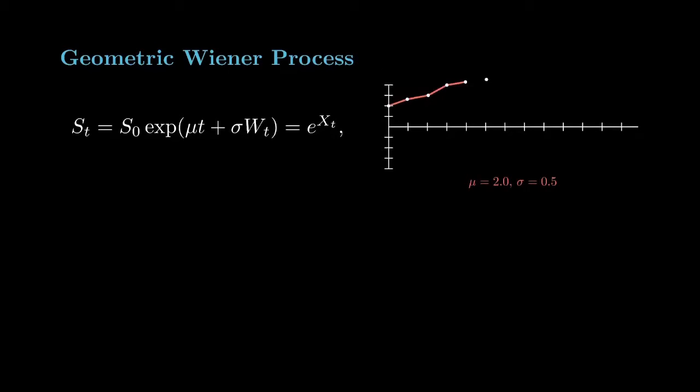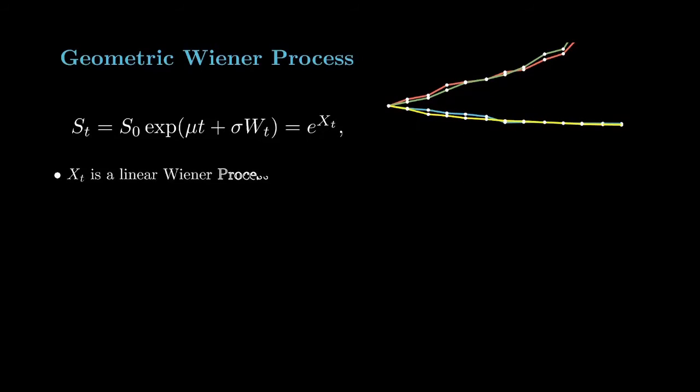Here you can see the process representing geometric Brownian motion just for four samples for different parameters mu and sigma. Here X of t is linear Wiener process with initial value equal to logarithm of S naught. Mu is the drift coefficient for X t, as well as sigma is the volatility coefficient for X t.